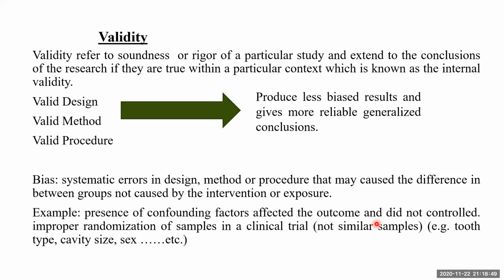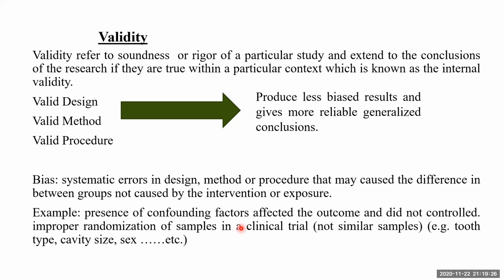If there is a systematic error in the design or the method or the procedure, for example, selection of the patients was not systematically approached, and there's a difference between the subjects in this group from the subjects in this group, which is not apparent to the investigator, this confounding factor may affect the outcome of the two groups later and will give a biased result.